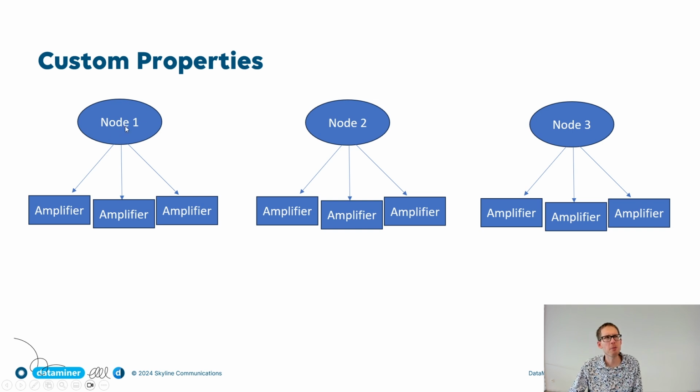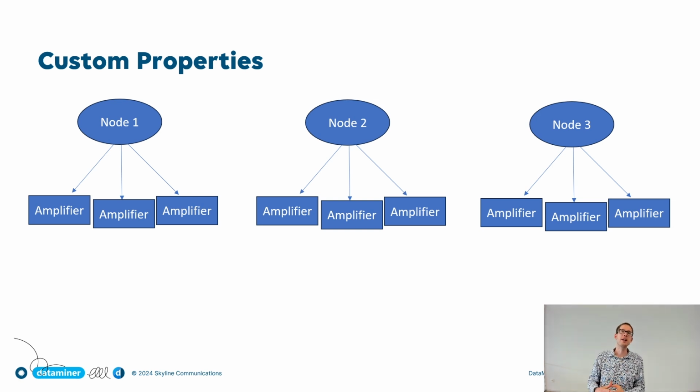The fact that all the amplifiers under node 1 suddenly go into alarm indicates that there's an issue on node 1. So it would make perfect sense in this case to group all the alarms on these amplifiers, because actually they have the same root cause, an issue on node 1. Now this is something that you can accomplish by grouping on custom properties.